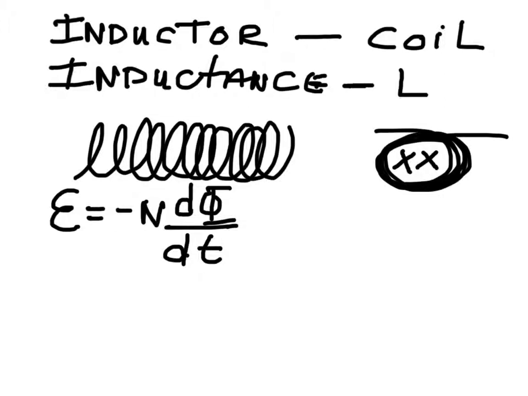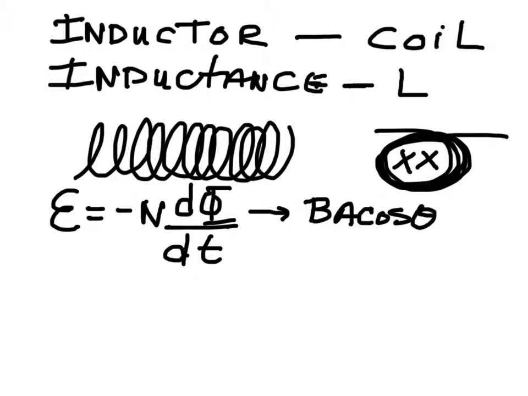And we also need to remind ourselves that flux, in a simple case where the B and the area and the direction is constant, is simply BA cosine theta.